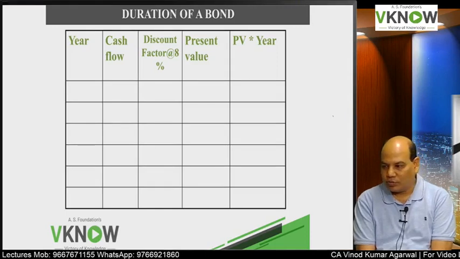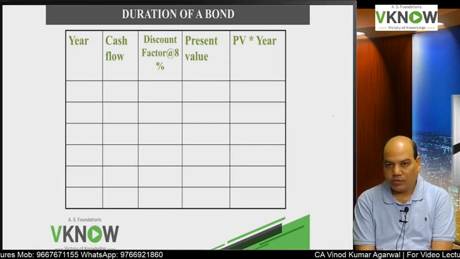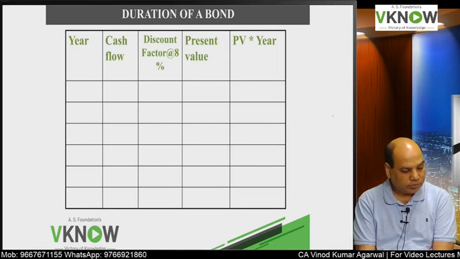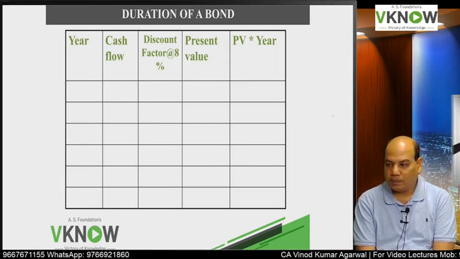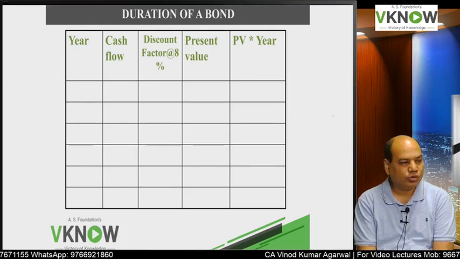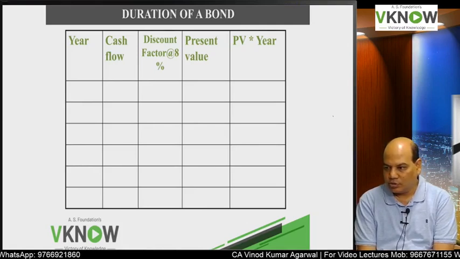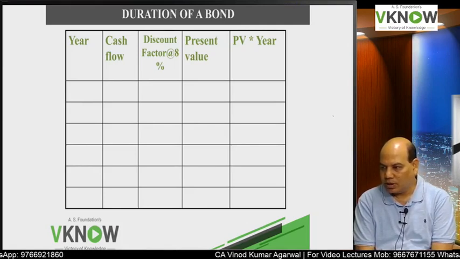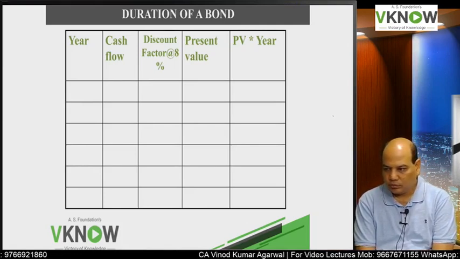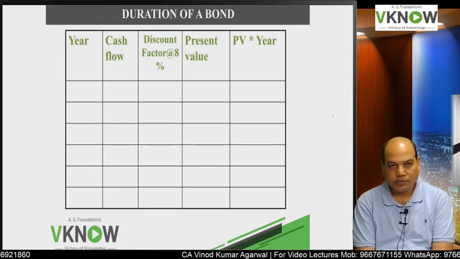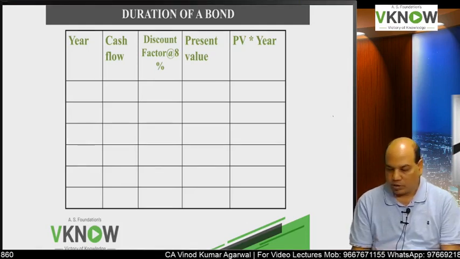So duration of the bond is the weighted average life of the bond, where the present value of cash flow is used as weights. First write down heading duration of the bond, then write down a table with 5 columns. We will follow this format.